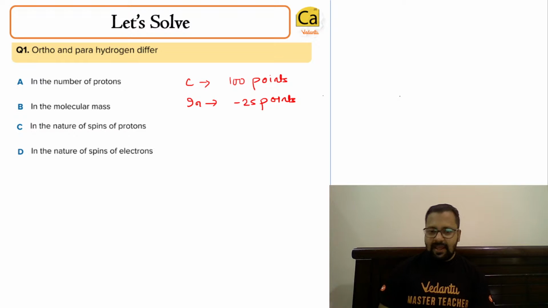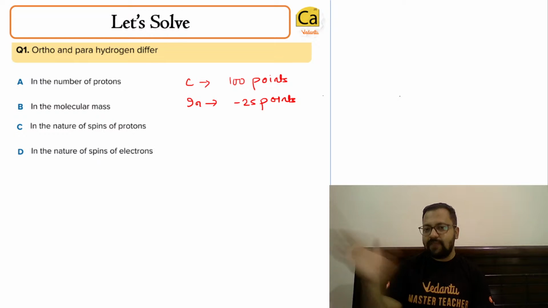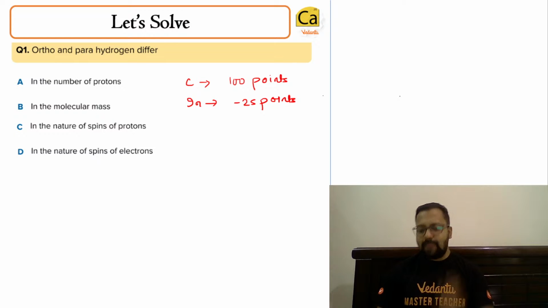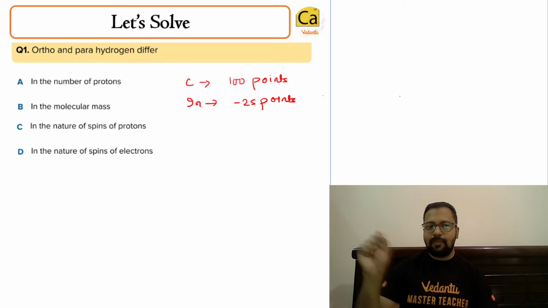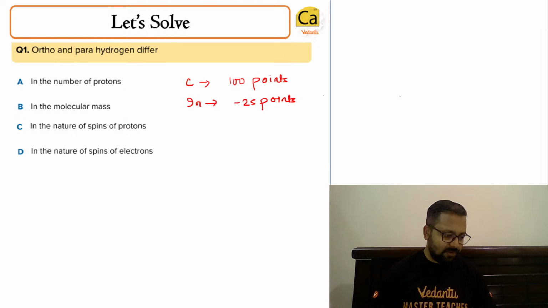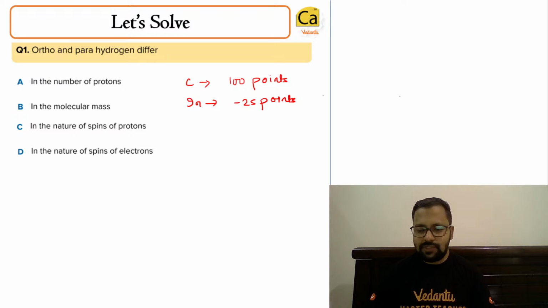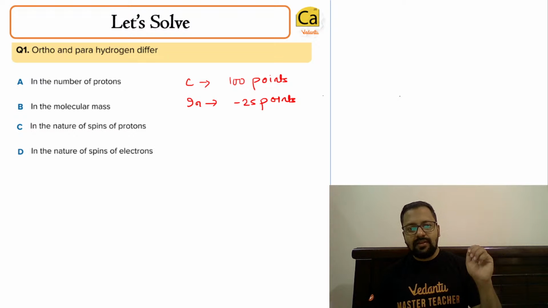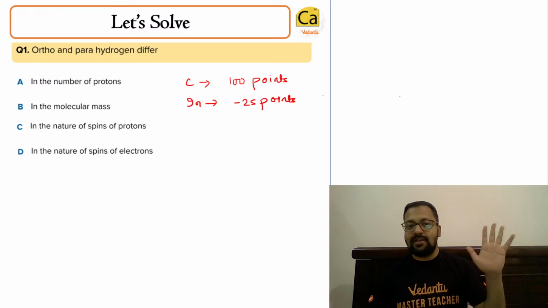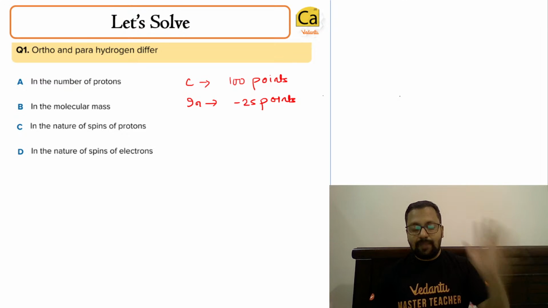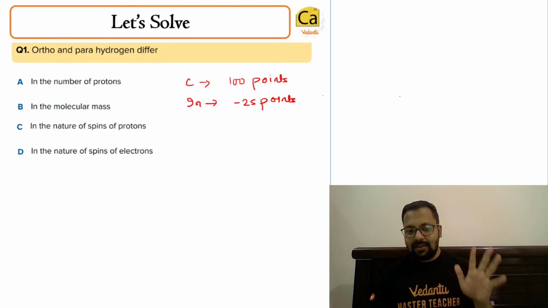For every right answer, award yourself 100 points. For every wrong answer, subtract 25 points, 1/4 deduction, and make a note. Take a paper and make a note of your marks that you are obtaining. So for the first question, I hope people who answered correctly have awarded themselves 100 points, and people who answered incorrectly have given themselves -25 honestly.